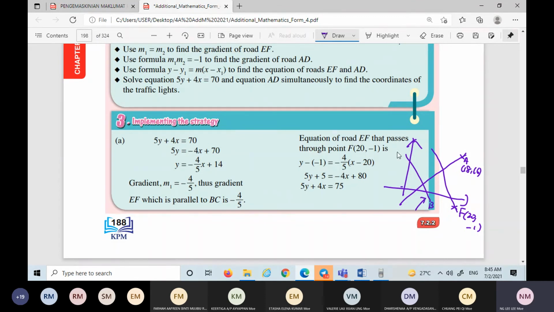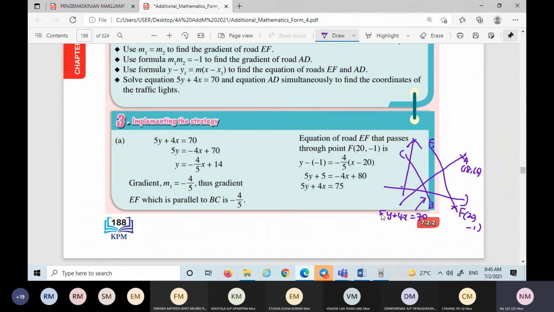This is BC. The equation is, so now they're asking for EF. EF is this. EF is parallel to BC. If they are parallel, their gradients are the same. So you need to find the gradient from the line BC.